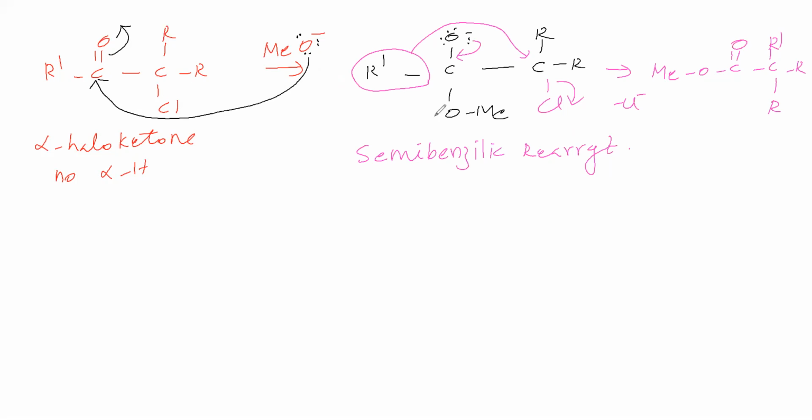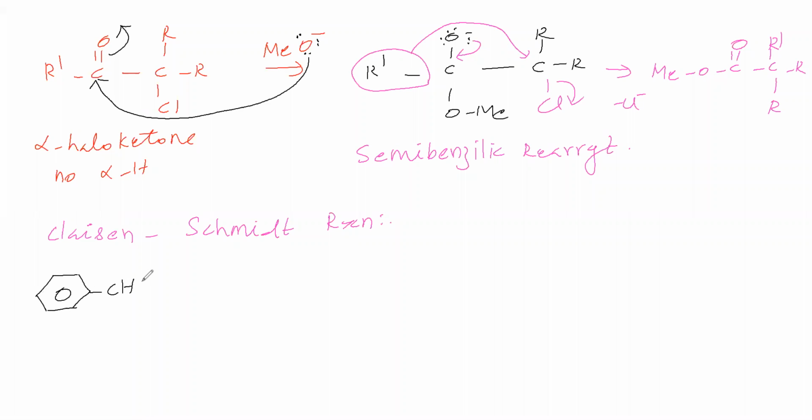Okay. Next reaction we will take, that is the Claisen-Schmidt reaction or Claisen reaction. In this Claisen-Schmidt reaction, we are taking an aldehyde lacking alpha hydrogen.